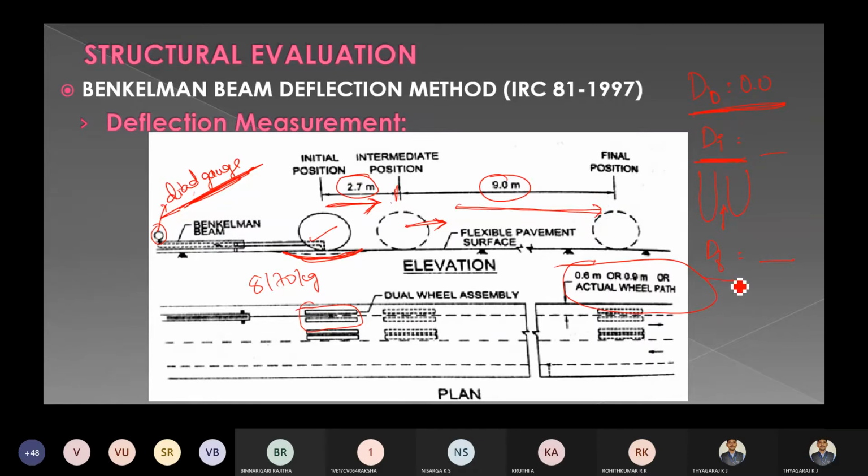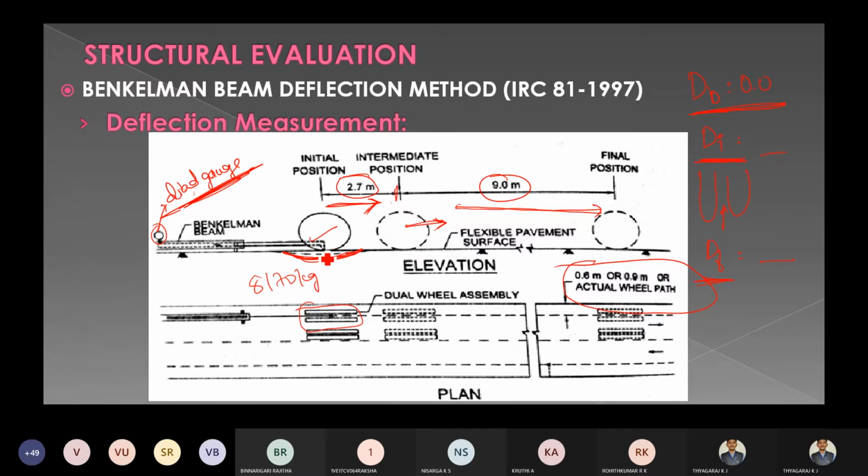That reading we are going to call the final reading. Then you are going to shift the instrument and the truck to the next point. The same procedure will be followed. At the initial point you note down D0, at the intermediate point DI, and at the final point DF.